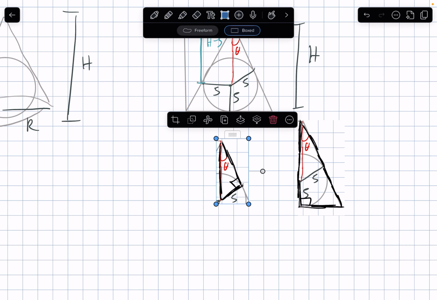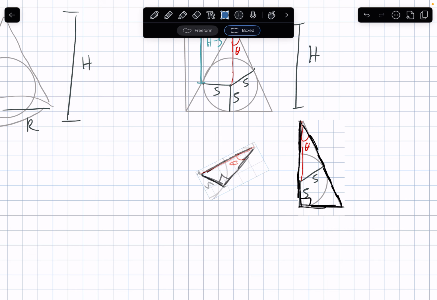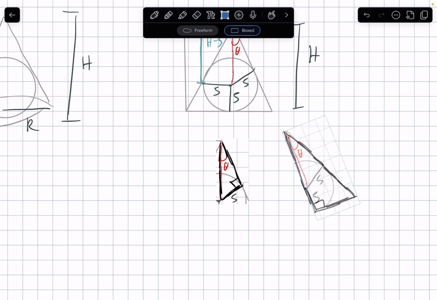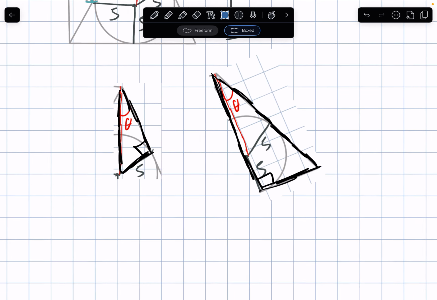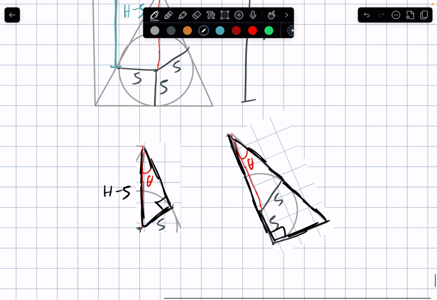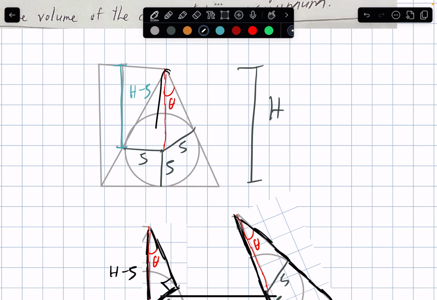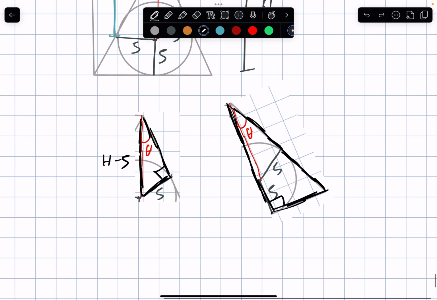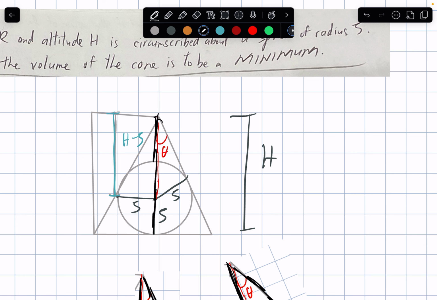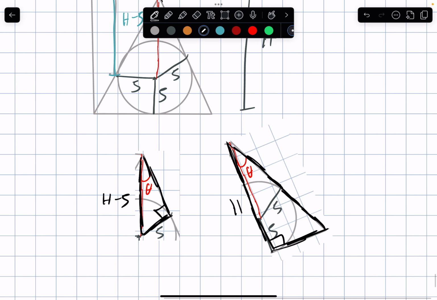So let's try to orient. Okay. Essentially, angle theta is at the top. This is h minus 5, right? This measure, and this entire measure is just h.